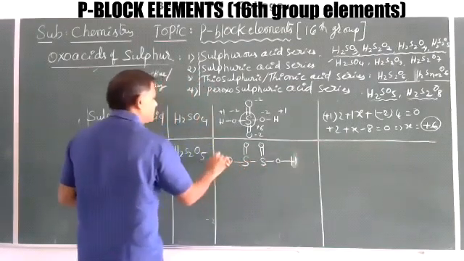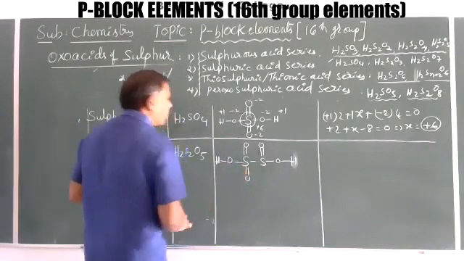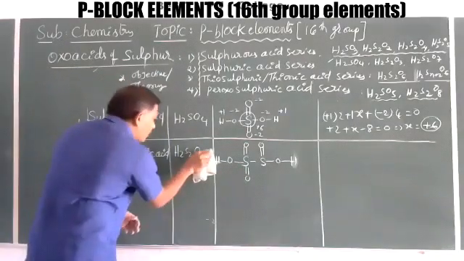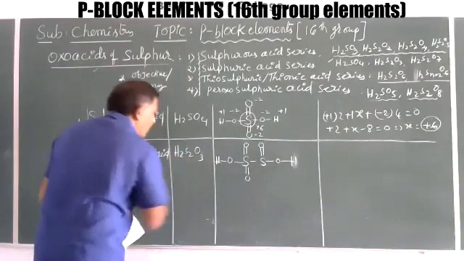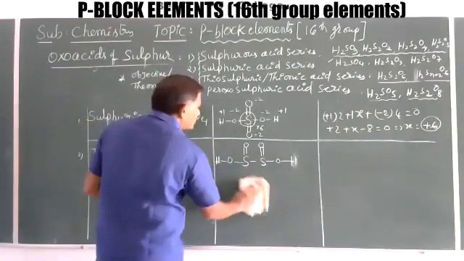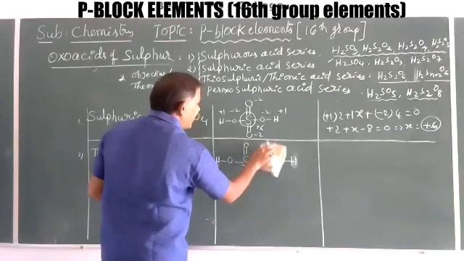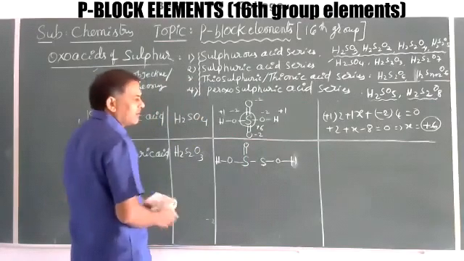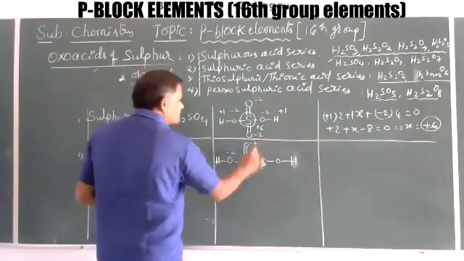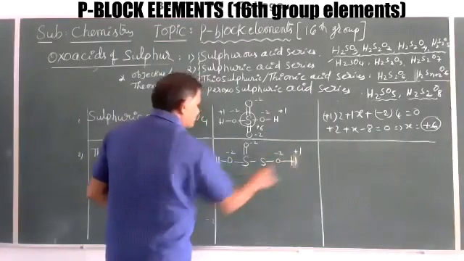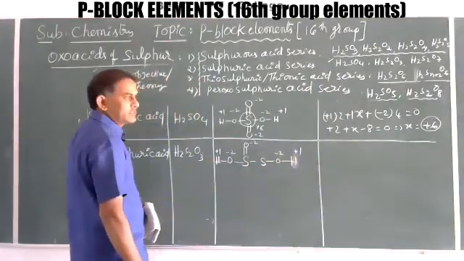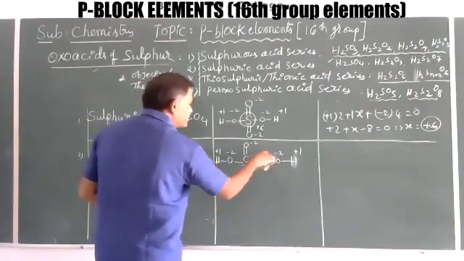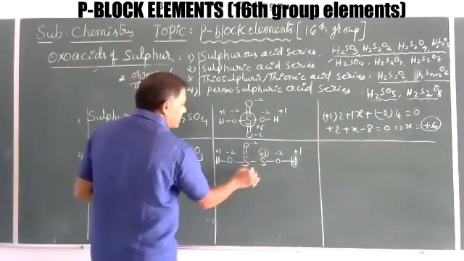Now this is OH, and this is a double bond O. This is the H2S2O3 group, the O3 group. Now this is minus 2, here minus 2. This hydrogen is plus 1. Now for this sulfur we can take plus 3, and here it is plus 1.